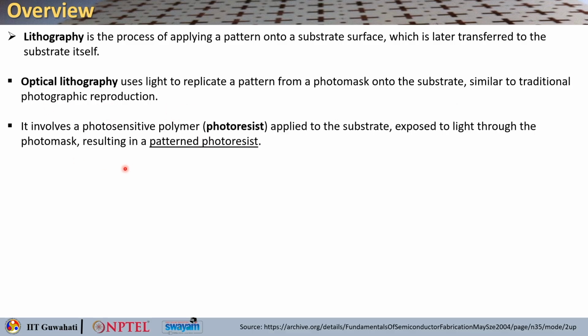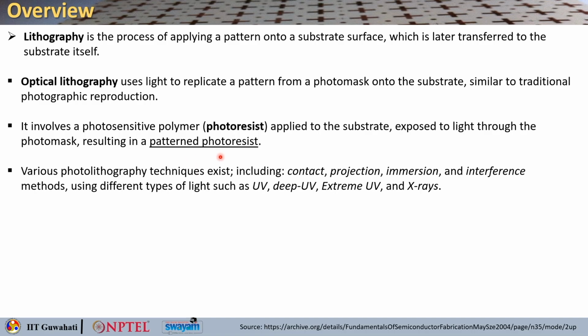It involves a photosensitive polymer, also called photoresist, that is applied to the substrate, and when it is exposed to light through the photomask, it results in a patterned photoresist.